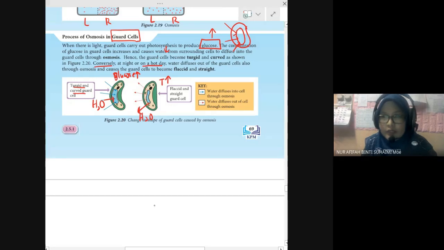Then the guard cell will become flaccid and straight. Okay, this one yang ini akan jadi open stoma lah. Open stoma.